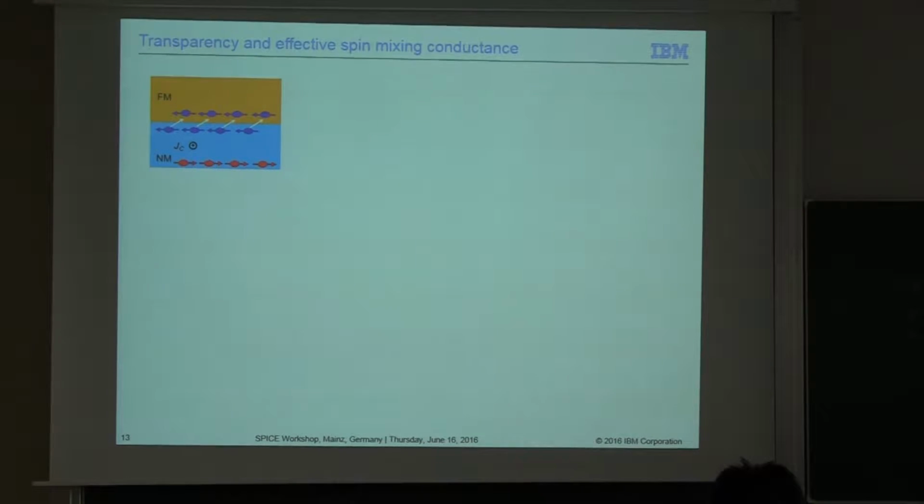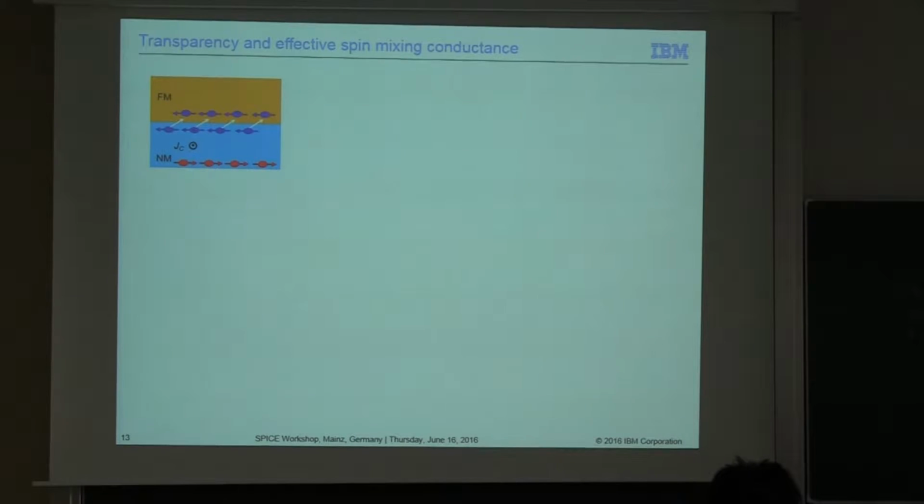When you consider the spin Hall effect and the generation of the spin accumulation and how it acts on the ferromagnet, one must also take into account that there is an impedance for the spins going into the ferromagnet, and it's quite important. When you change the interfaces, one must also take this into account.